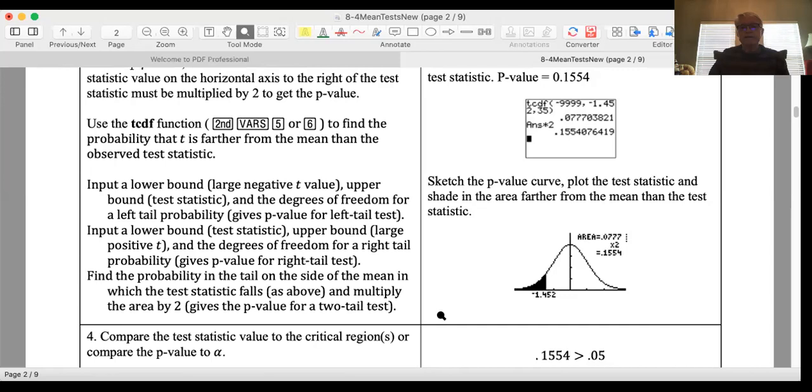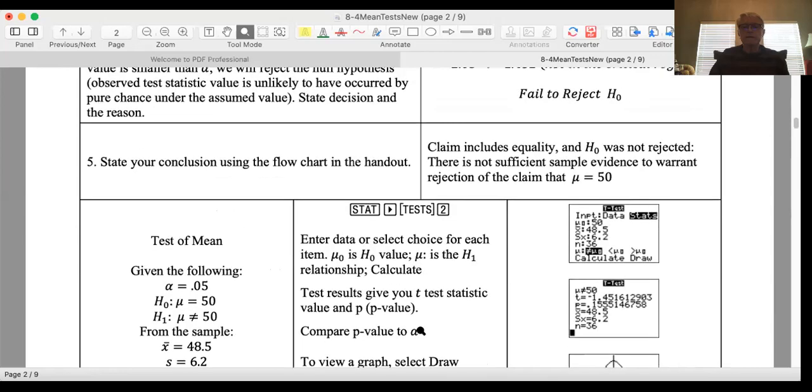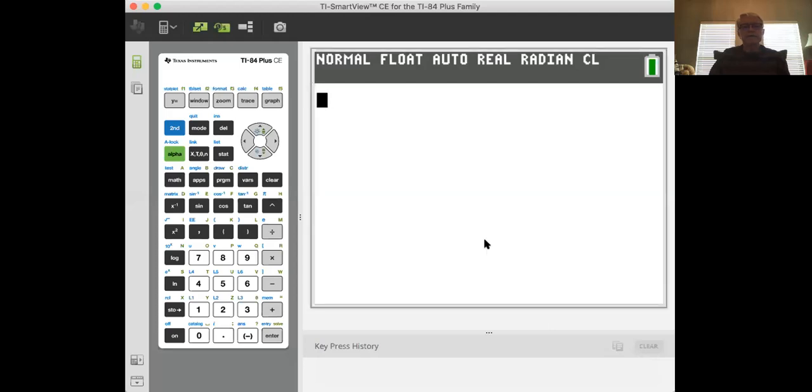So let's go look at the calculator here and do that. All right, so the tcdf is found under second vars. So we'll do second vars.